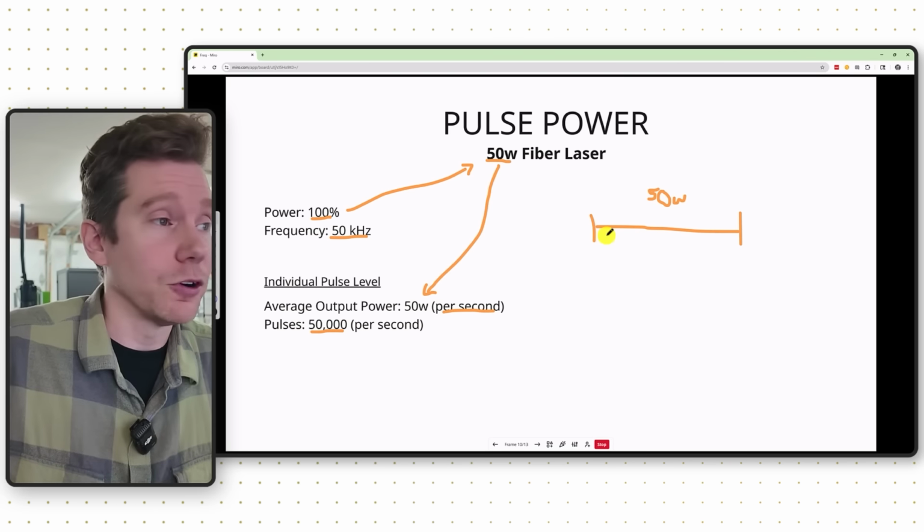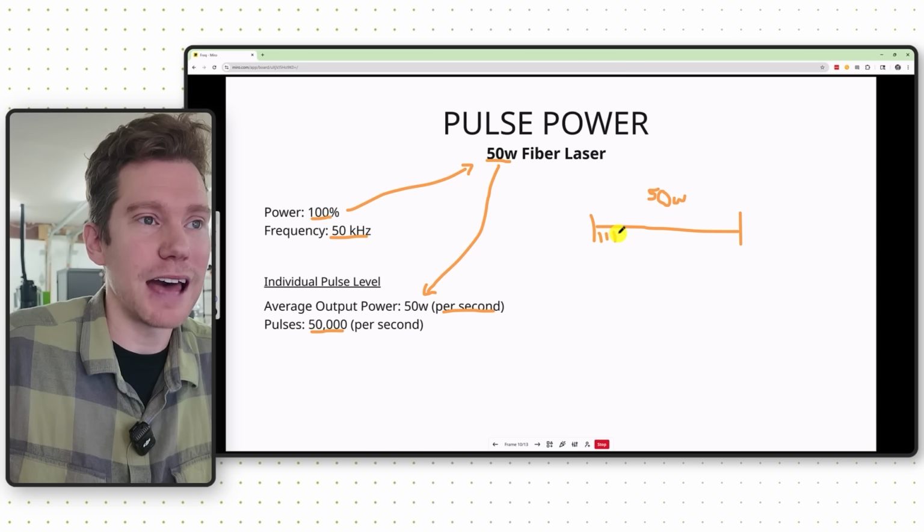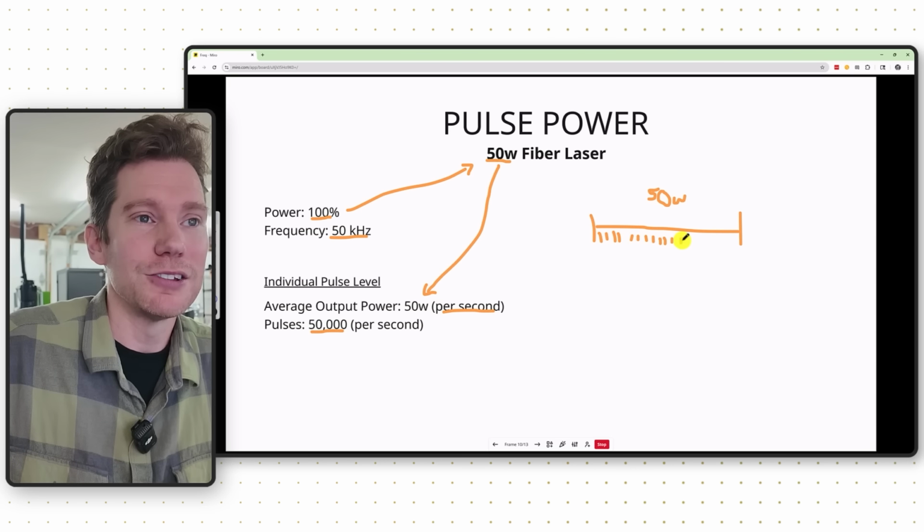And since we're asking for a frequency of 50, we need to put 50,000 pulses happening within this 1 second duration. Obviously, I'm not going to draw 50,000 pulses, so we're just going to pretend that this is 50,000 individual pulses of our laser happening in this 1 second time frame.